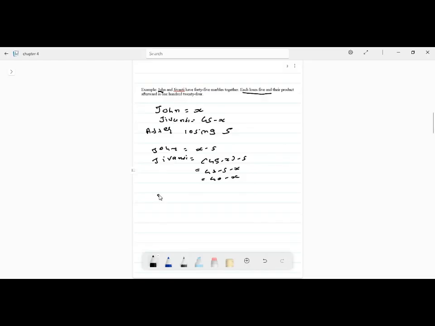So (x minus 5) multiplied by (40 minus x) is equal to 124.